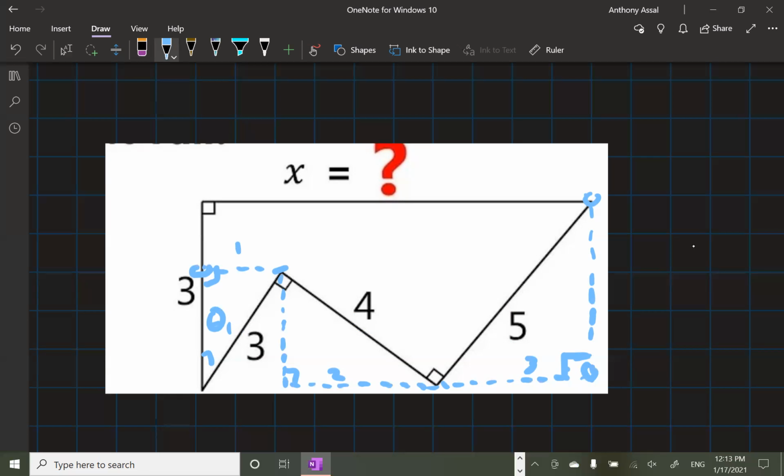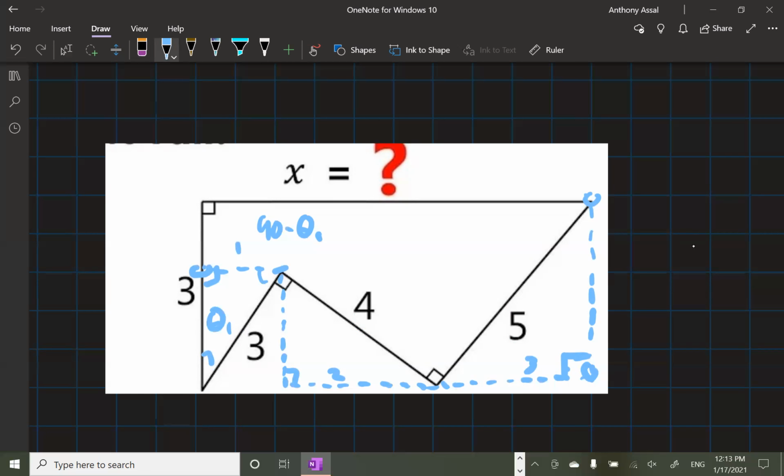Let's see. Now I know this angle is angle 1. This angle here is 90 minus angle 1, because these two have to add up to 90, and then the right triangle gives us the last 90 for 180 degrees.